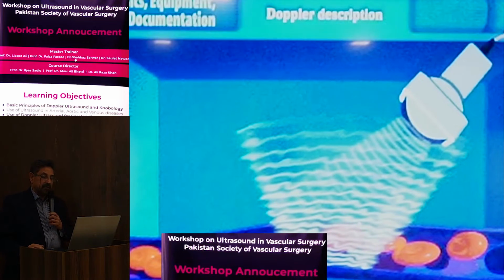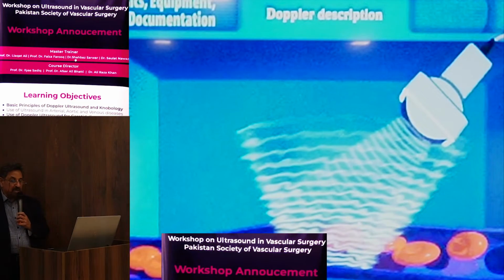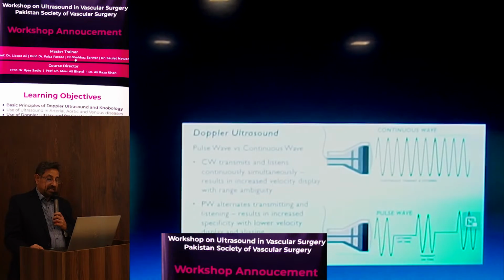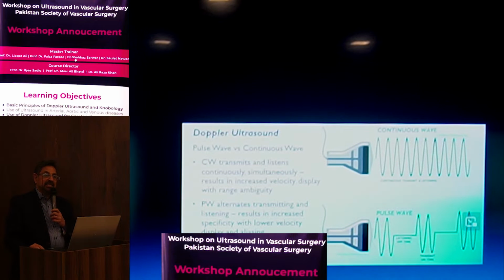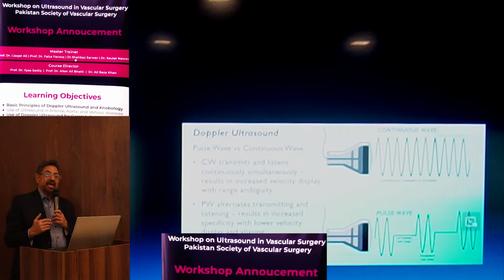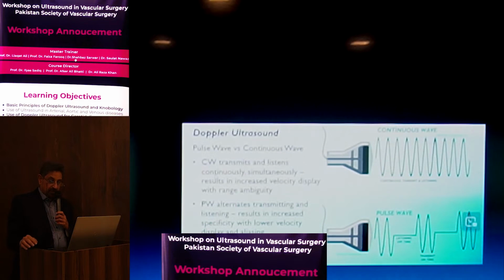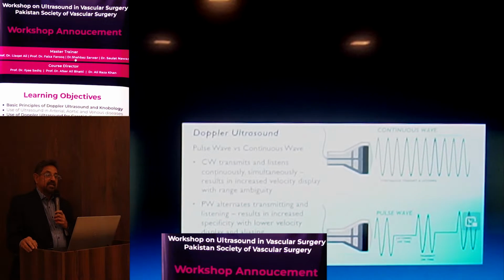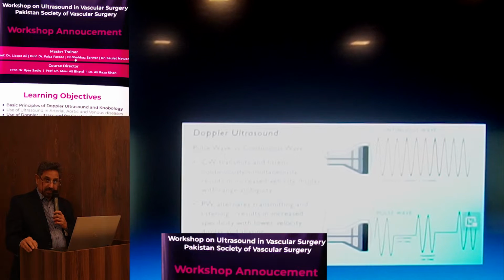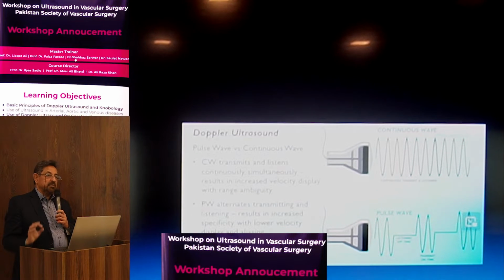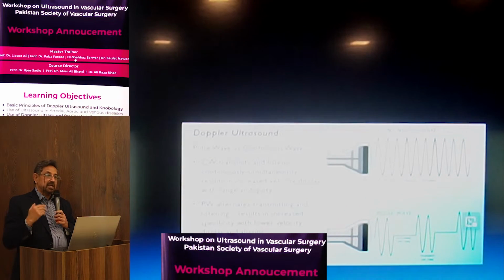And then we have CW and PW. CW has two separate crystals, one transmits and one receives. Here we have less information about the location of the structure, but we can get very, very high frequencies, as in echocardiography. PW, the same crystal is emitting and receiving ultrasound.